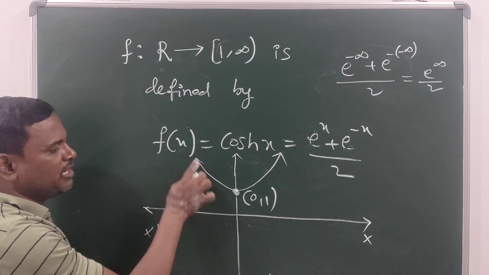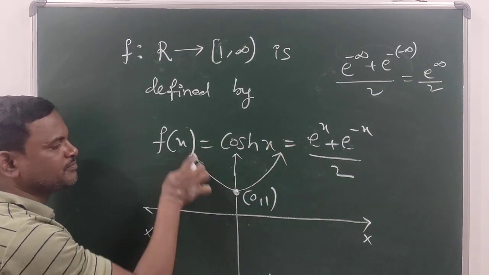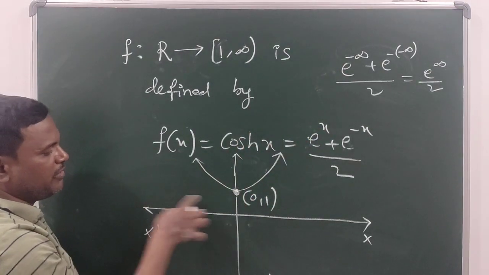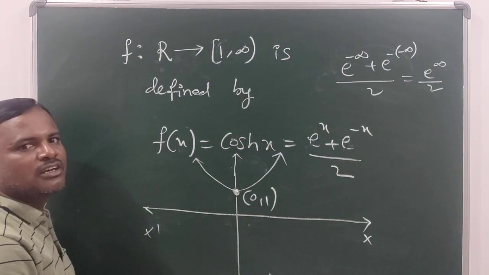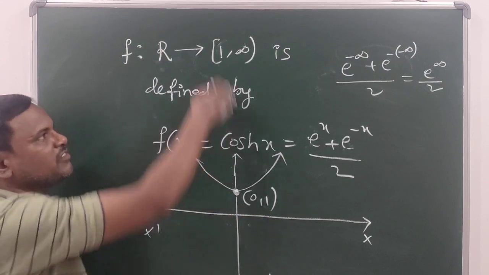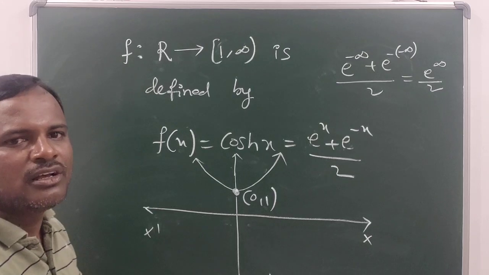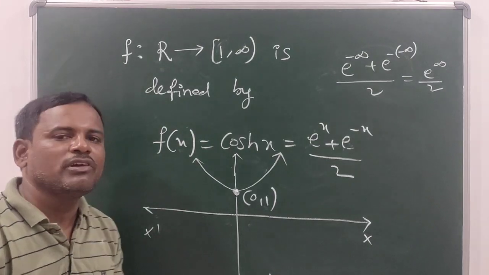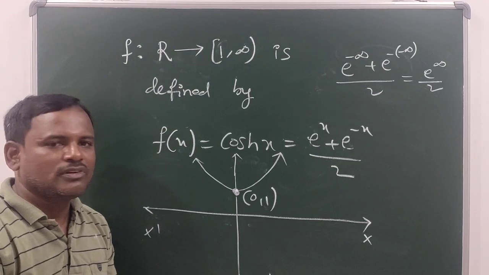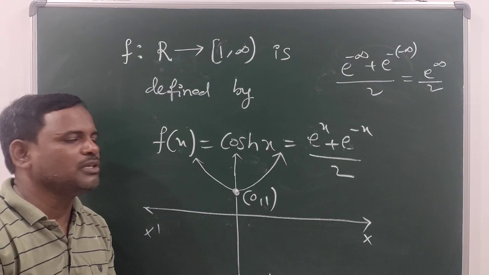So you get the graph like this. It will go to the right side, and when you give negative x values, it will go like this. But the minimum value in the range will be 1. The maximum value you cannot say. I hope you have understood the graph of this cosh x, e power x plus e power minus x by 2.